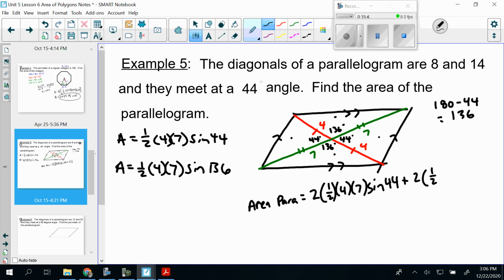So I doubled both of them here. Now just type all this in your calculator, and you would get the area of the whole thing. And it should come out, if you're doing it right, to be about 38.9 units squared.